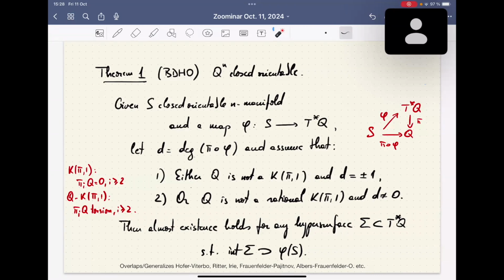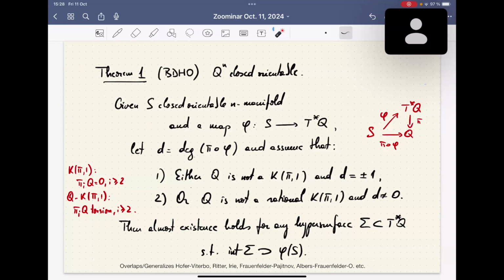And then we have two distinct assumptions. Either we assume that Q is not a K(π,1) and the degree is plus or minus 1, or we assume that Q is not a rational K(π,1) and the degree is non-zero. And in both of these situations, we infer that almost existence holds for any hypersurface that encloses the image of such a map.